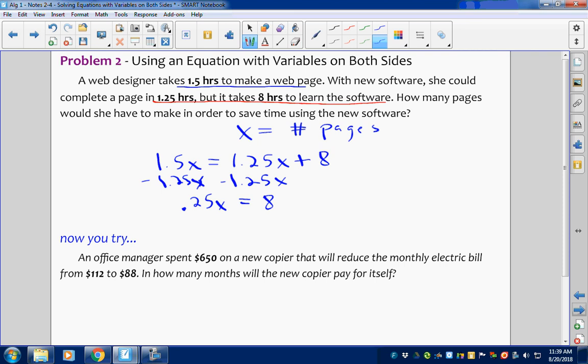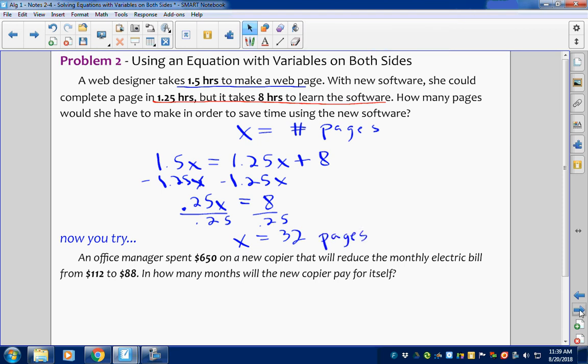So how many times is a quarter going into 8, right? Yeah. 32 times. So divide by 0.25, so I think we can do this without a calculator. So x equals 32, and the 32 is representing pages you would have to make. And then it's kind of a break-even deal in terms of time.